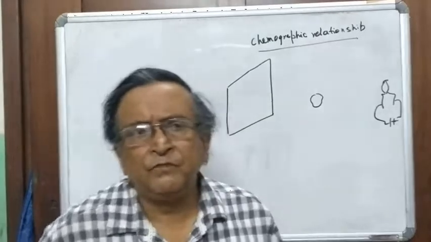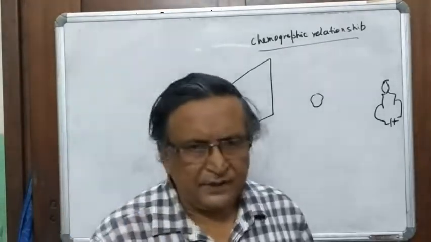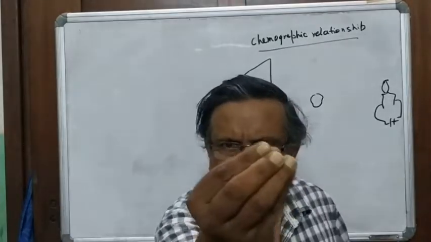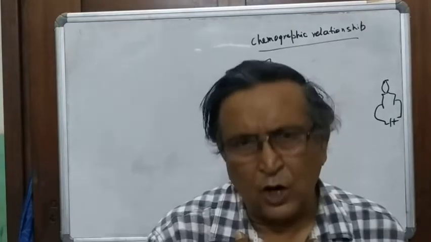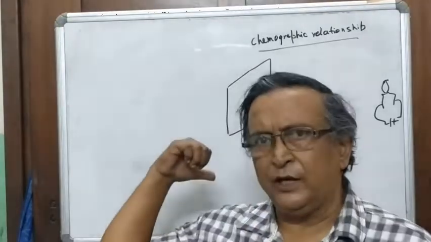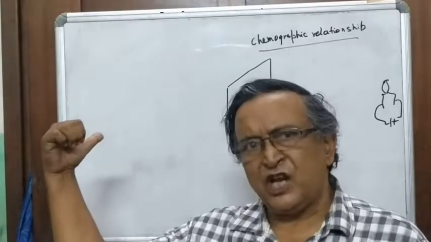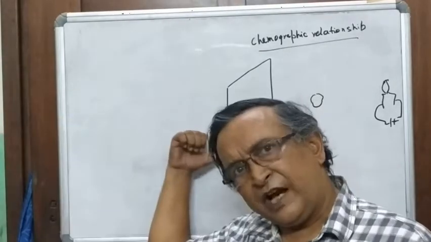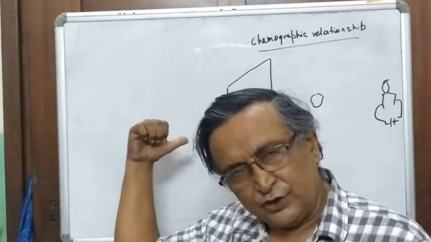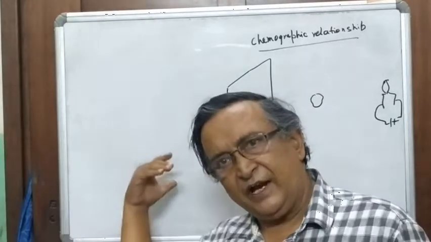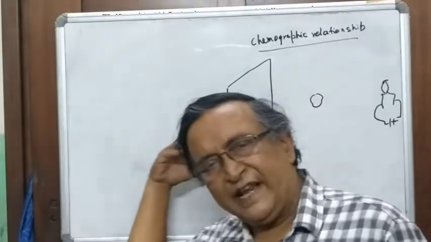And sometimes what happens, say here is the source, I'm an object, there is a shadow, and from that shadow I take another shadow. Have you understood? So I take the shadow as a source and project it onto another plane.